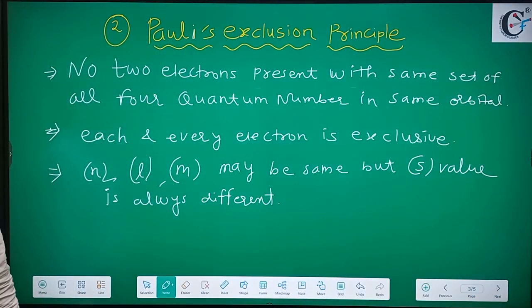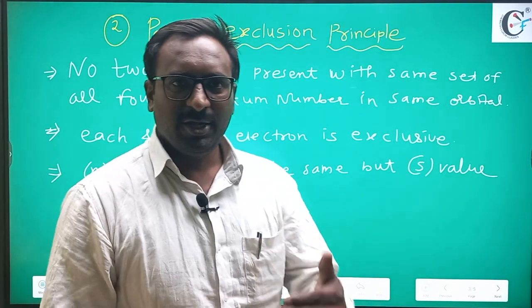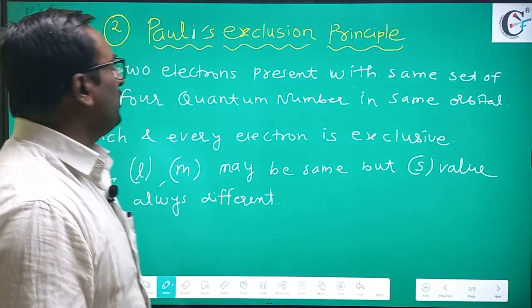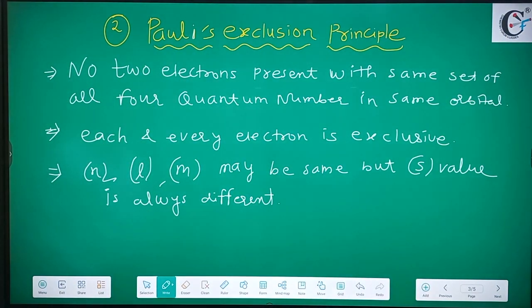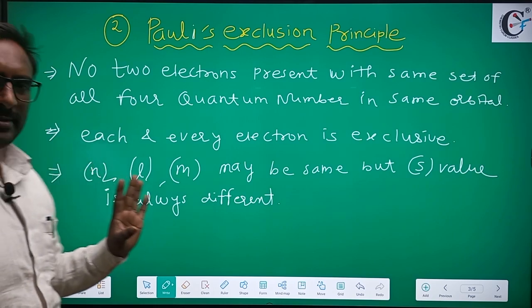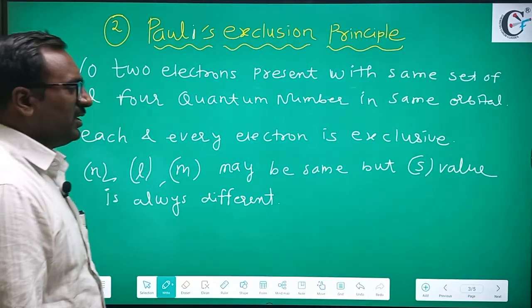So spin quantum number is also called the identity quantum number. Okay, it gives identity to the electron in the particular orbital. So now we will do the examples, then it is very easy to understand.